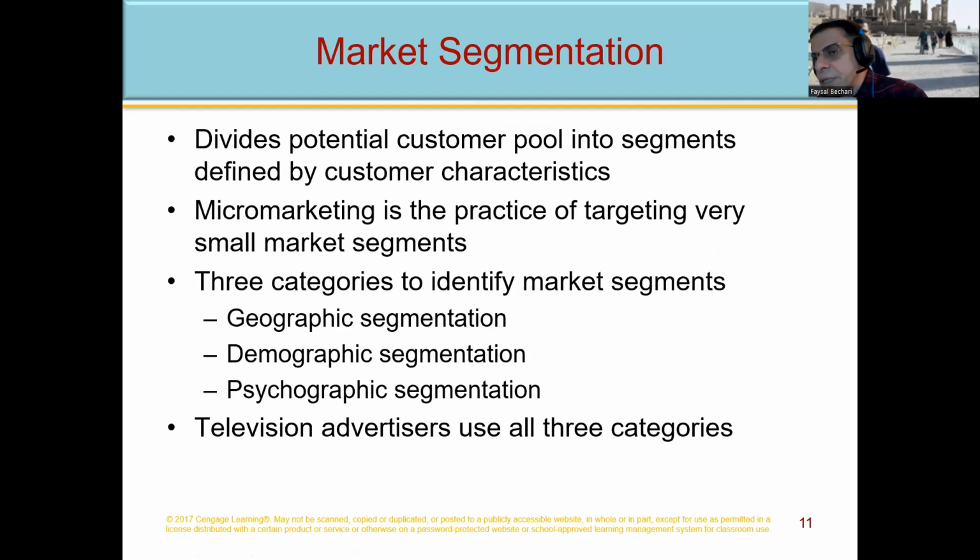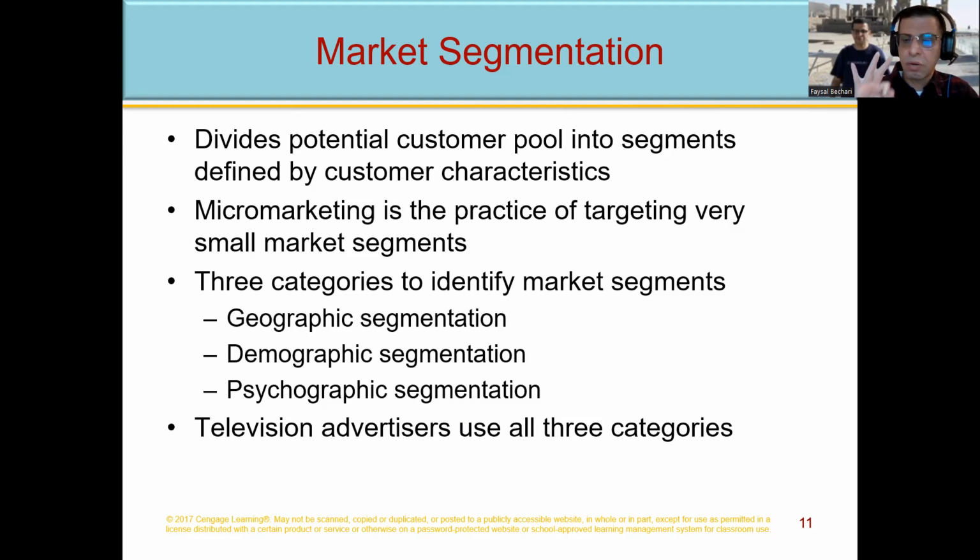So when you're in the mass media, you're still going to do some market segmentation. And what's market segmentation? It means dividing the potential customer pool into segments defined by customer characteristics. Micro marketing is the practice of targeting a very small market segment. So you segment the market and you target that segment.